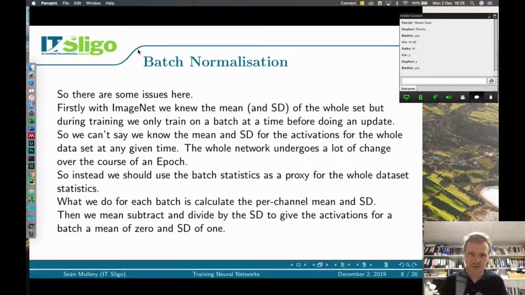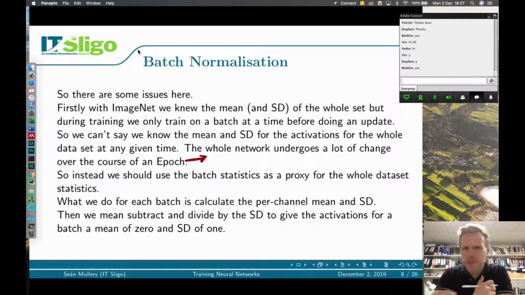So we're going to have to learn these as we go. We can't say we know the mean and standard deviation for the activations for the whole data set at any given time. That's going to change as the network trains. The whole network undergoes a lot of change over the course of an epoch. Just to remind you, the word epoch stands for one run through the entire data set, and we would normally do many epochs before we would finish training.